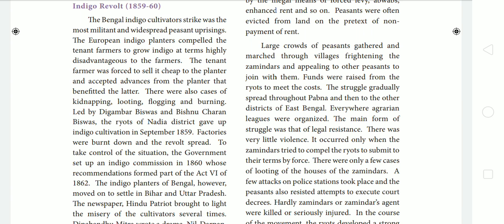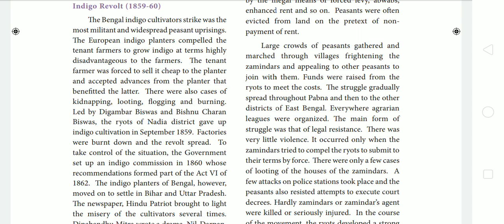This indigo cultivation mostly benefited only the Europeans, but it was disadvantageous for the Indian farmers. The tenant farmer was forced to sell their crop at a cheap rate to the planter, and the tenant farmers had to accept the advances from the planter. This was also advantageous for the Europeans only.